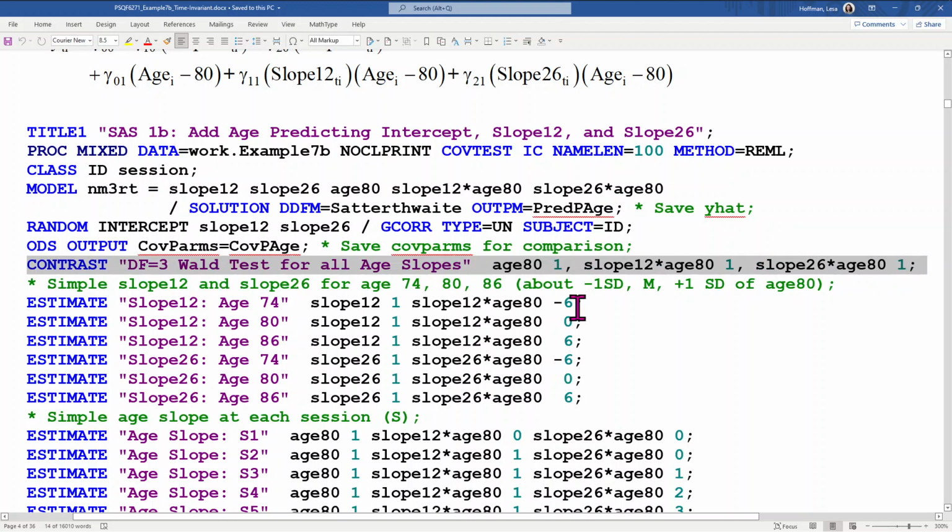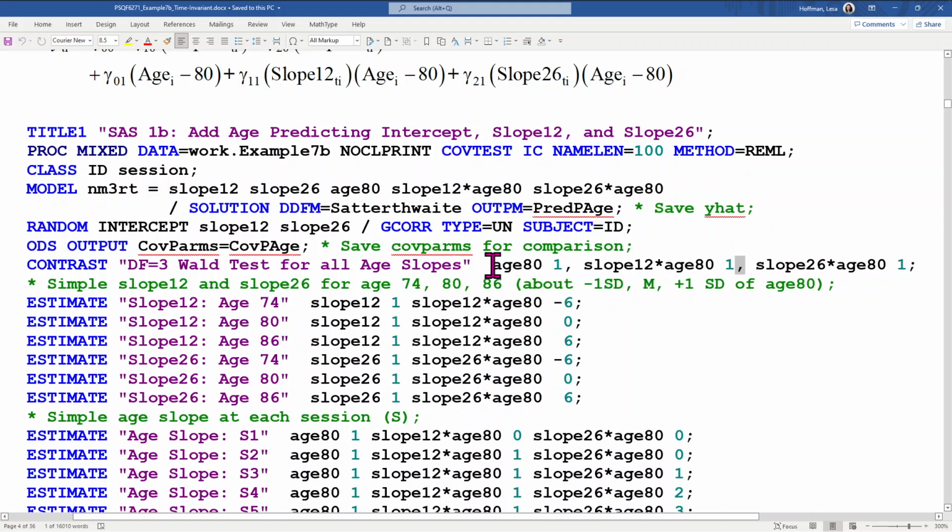What this statement does is lump together the main effect of age and the two age interactions. It understands that I want a joint hypothesis test of three separate slopes because I have divided them with these commas. Otherwise, it would try to add them together if I didn't have the commas.